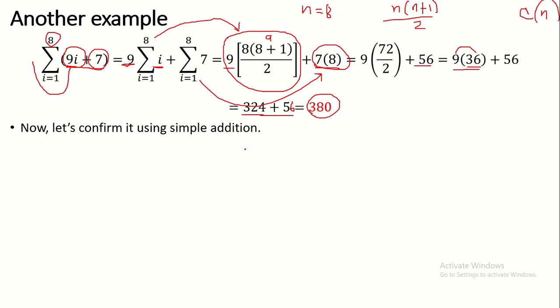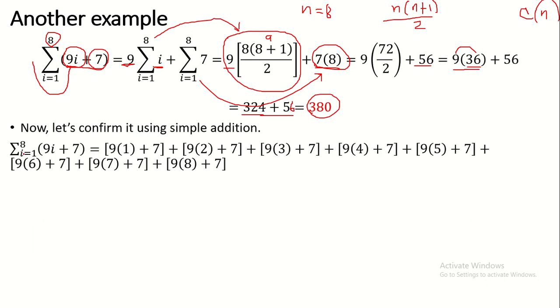So now let's confirm it using the simple addition. So the other way around naman. So we have the summation of 9i plus 7 from i is equal to 1 up to 8. So we're going to evaluate this 9i plus 7 with values i is equal to 1, is equal to 2, is equal to 3, up to 8. So if we have i is equal to 1, we have 9 times 1 plus 7, plus, if we have i is equal to 2, we have 9 times 2 plus 7.